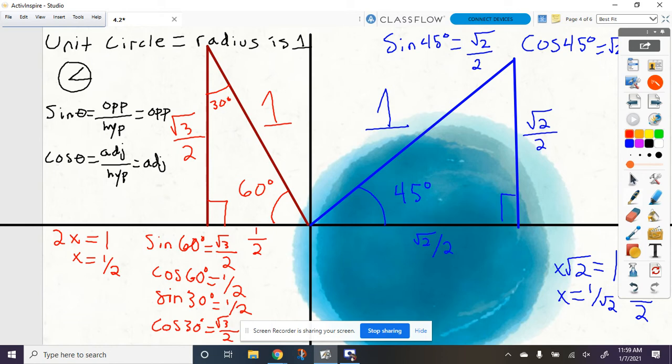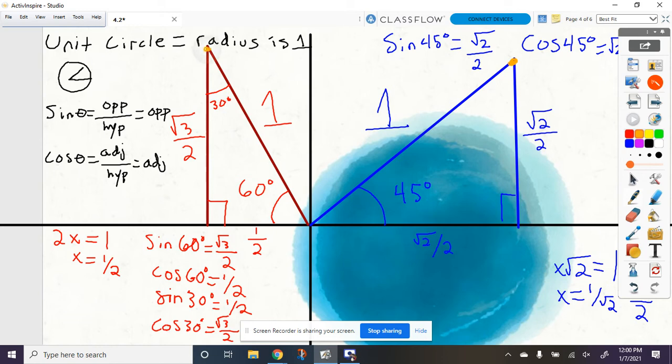What we want to do is put this in an easy way to see on our unit circle. We don't want to write out sine and cosine for every single angle, because that gets a little cumbersome. Agree? So notice that each of these has a point. This would be my point for my 45-degree angle.